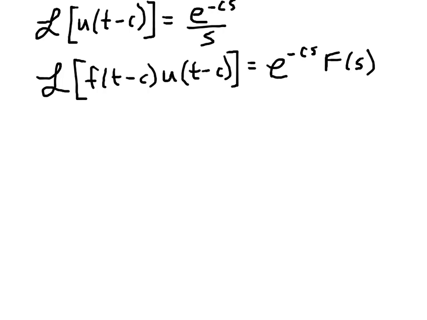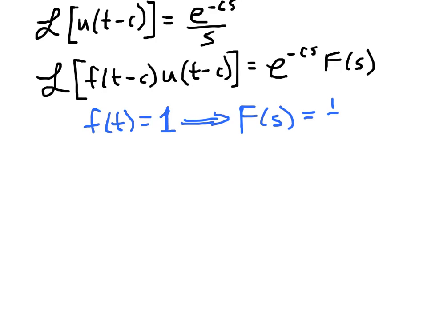What I do want to point out is that the first one is simply a special case of the second. If f of t in the second one was simply the function 1, then the Laplace transform of that is 1 over s.